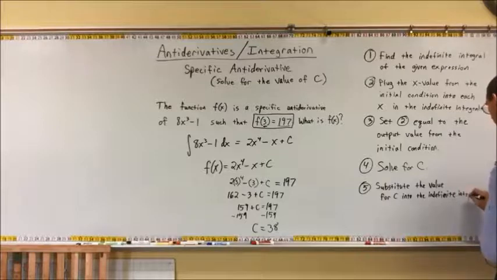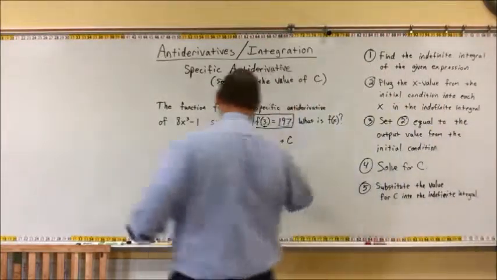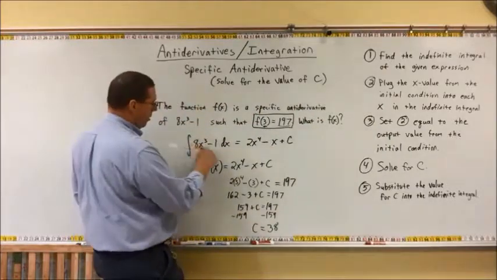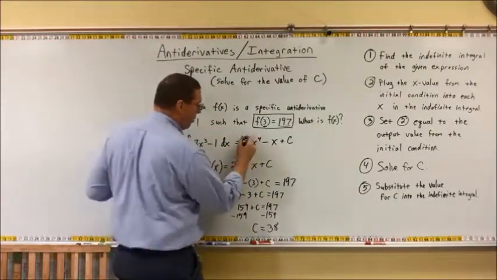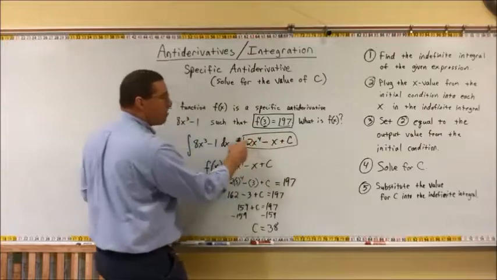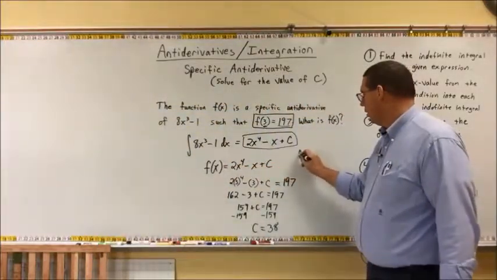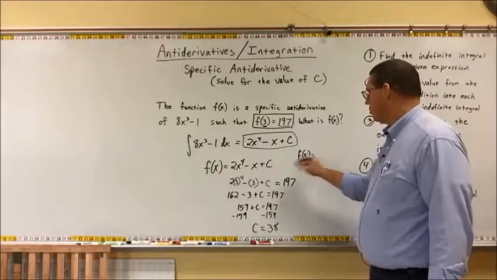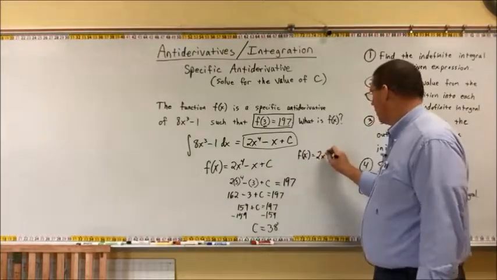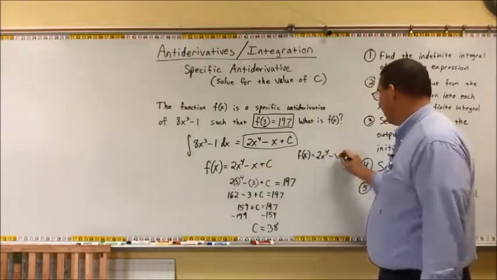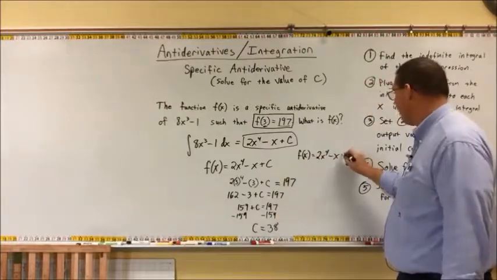So watch this. We're going to go back to the indefinite integral. Here's the indefinite integral right here. We're going to rewrite this. This is f of x. So now f of x is equal to 2x to the fourth minus x. And instead of plus c, we're going to put plus 38.